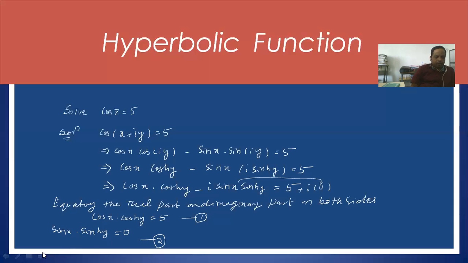So from this we get two equations: the first equation is cos x into cos hyperbolic y equal to 5, and the second equation is sin x into sin hyperbolic y equal to 0. This is our equation 1, and this is our equation number 2.